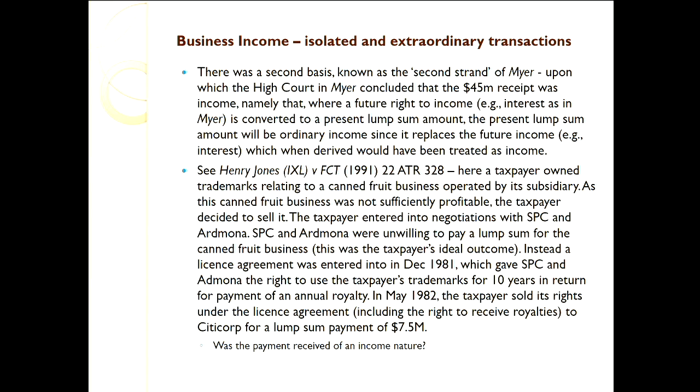It sells its right to royalties under that agreement with SBC and Admona to Citicorp in return for a lump sum payment of $7.5 million. And the question for the court was, was the payment of an income nature? Can we apply what I've told you about Maya 2 to the facts there?